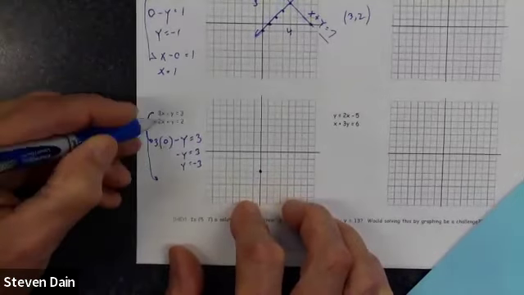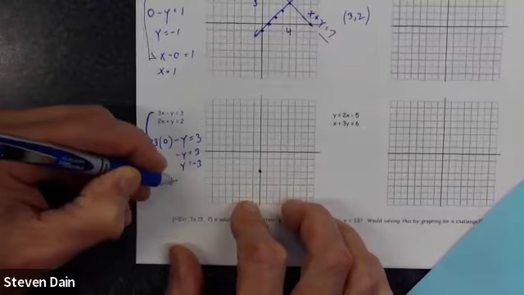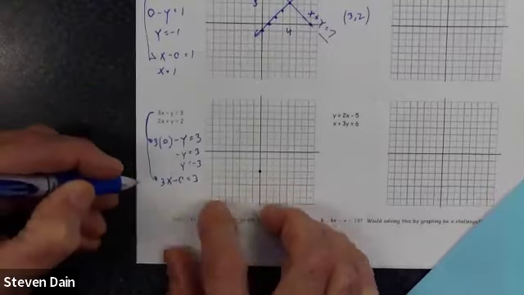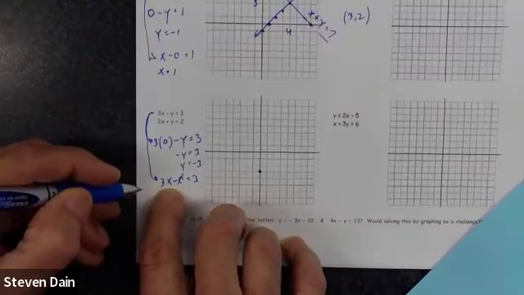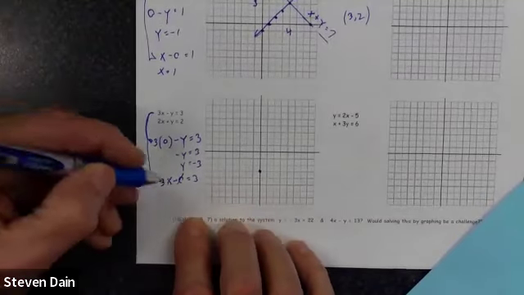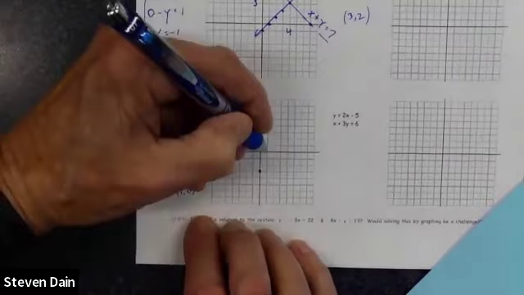Same equation, I'm going to plug in 0 for y now, and it's going to say 3x minus 0 equals 3, and of course the 0 is gone, and x is 3 divided by 3 is 1. So when we use 0 for y, we get 1 for x.